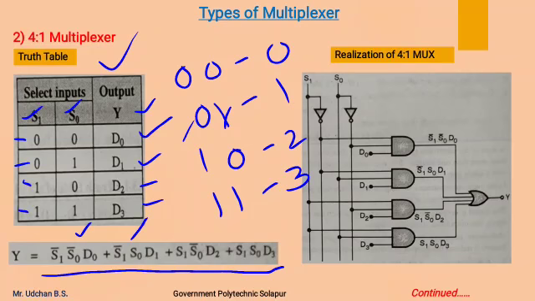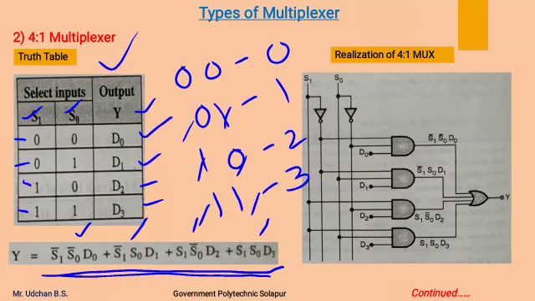For D2, S1 is 1, S0 is 0, therefore S1 S0 bar D2 term is written. And for D3, S1 is 1, S0 is 1, therefore S1 S0 D3 term is written, and by adding all of these terms we get a final output Y.